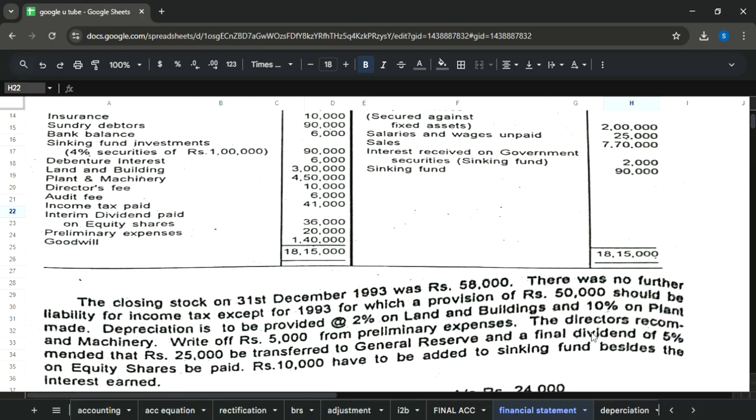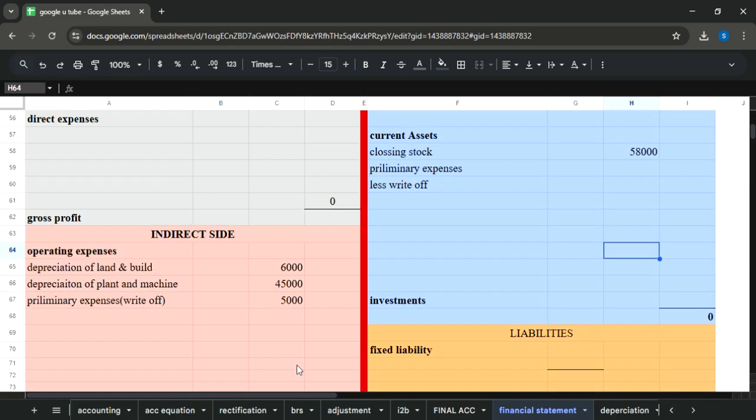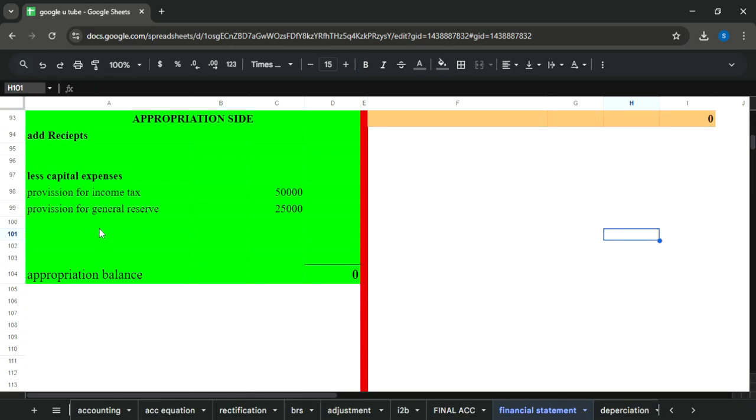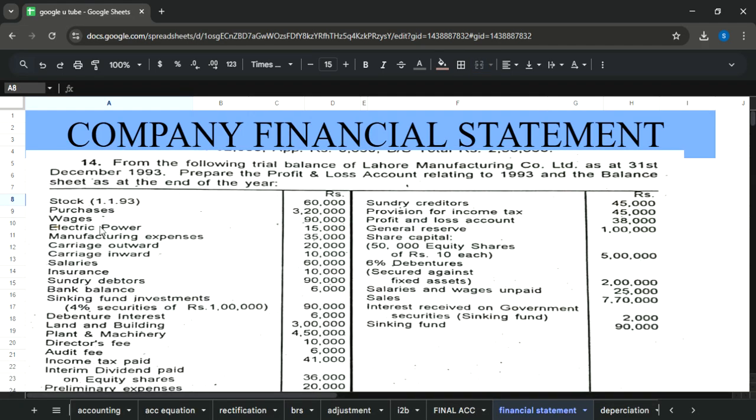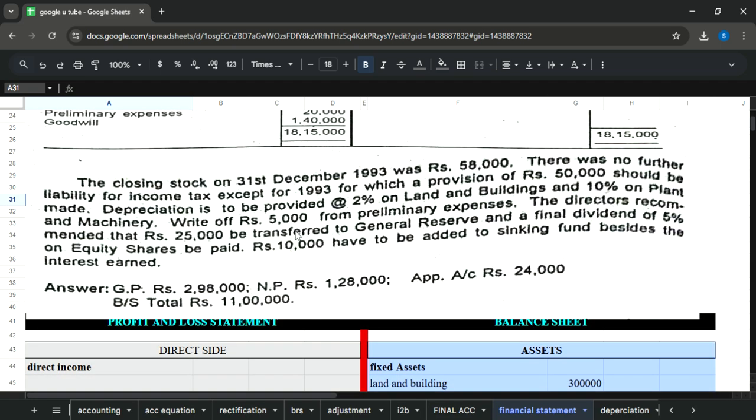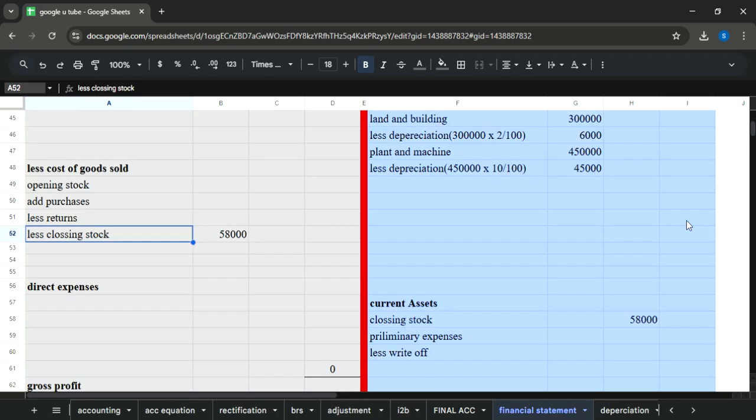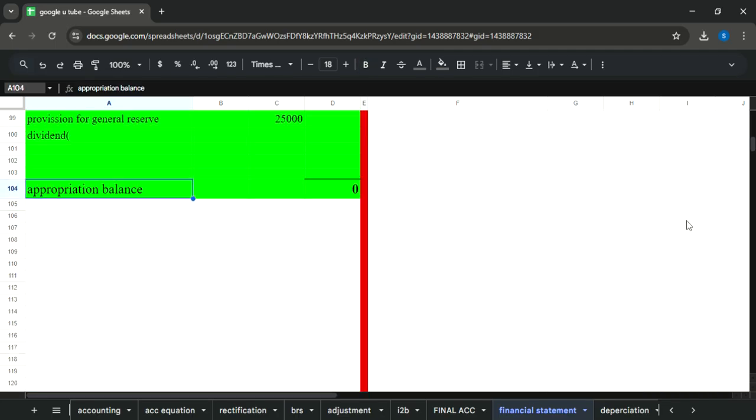The next is final dividend of 5%, again appropriation nature. So here you will mention dividend and we will calculate the dividend. First we will see how much the amount of capital is. Look at here, equity share capital 5 lakh, and the ratio which is given is 5%. So 5 lakh would be the amount, and you will take 5% as dividend.